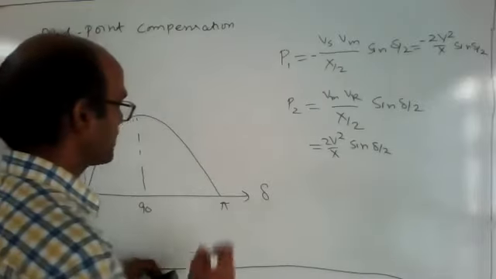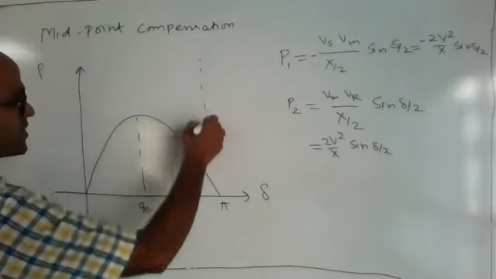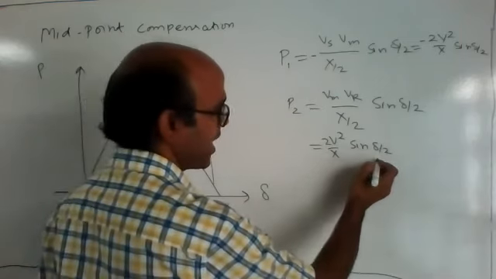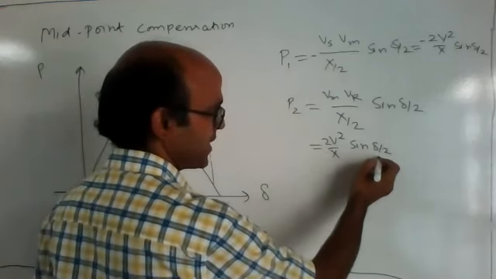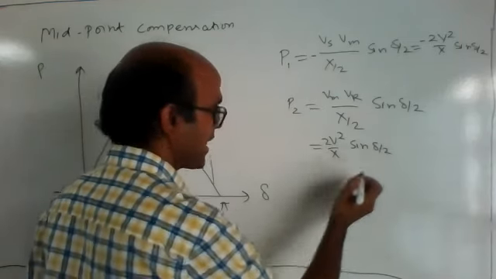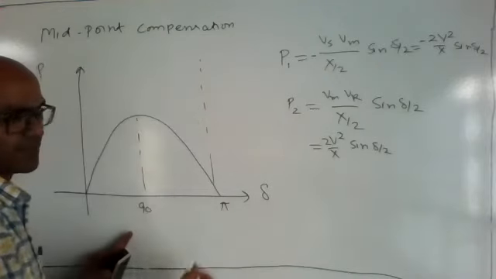So we can say from here, since this angle is half, delta by 2, it will be expanded on the x-axis.